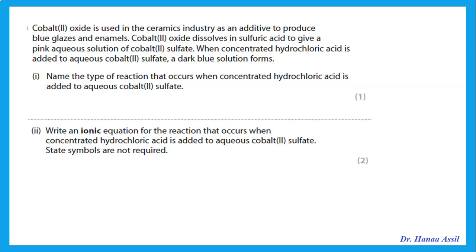Name the type of reaction that occurs when concentrated hydrochloric acid is added to cobalt 2. Remember, this is a type of ligand exchange where we're changing the water ligands with chloride ligands.